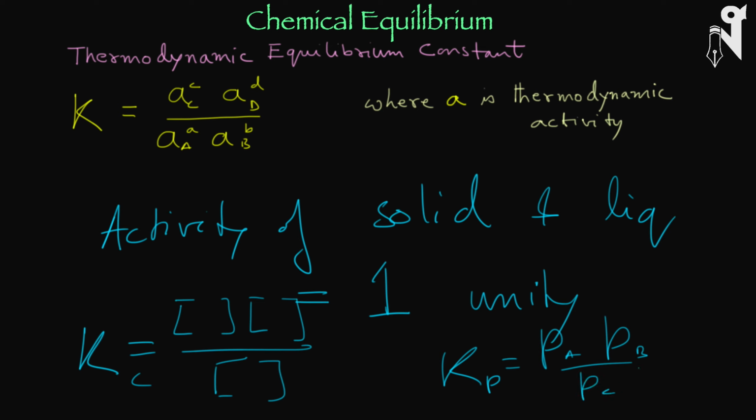So I hope we have understood till now what K means, what Kp means, what Kc means. Now we'll do a relation between Kp and Kc. If the Kc is given to us, how to find the Kp? If the Kp is given to us, how to find the Kc? At times it is useful.